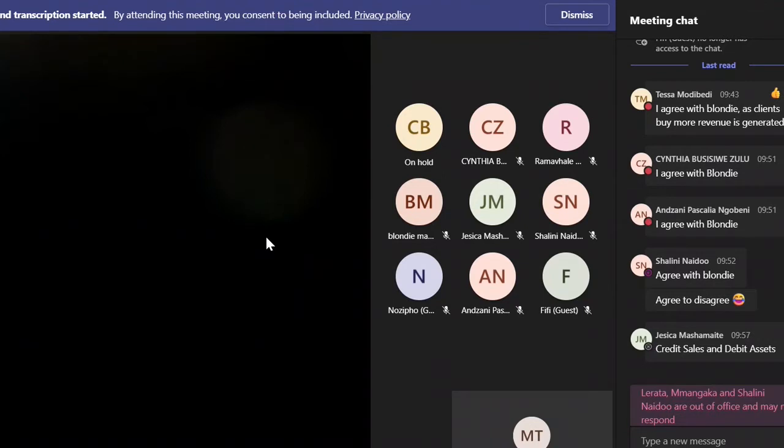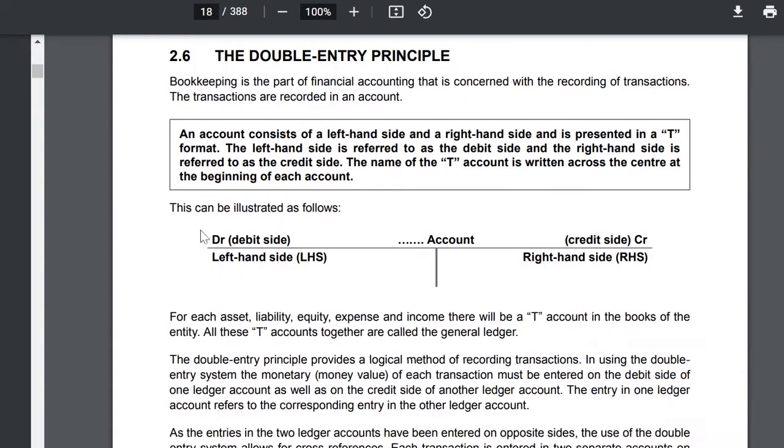So in this case, when an asset increases, you will always debit that asset in the general ledger. When an income increases, you will always credit that income in the general ledger. This is the double entry principle.